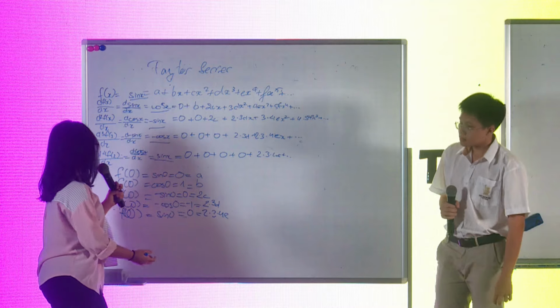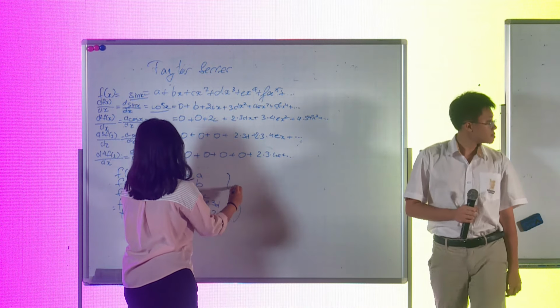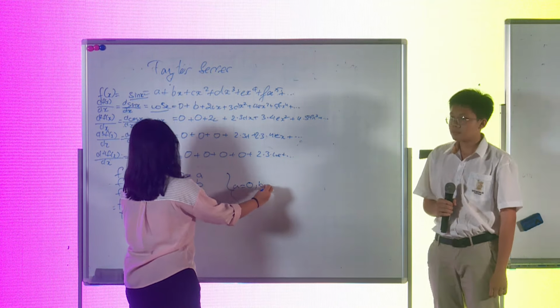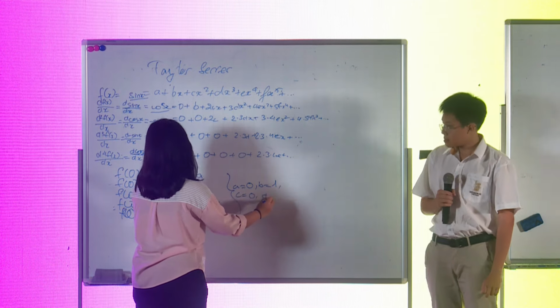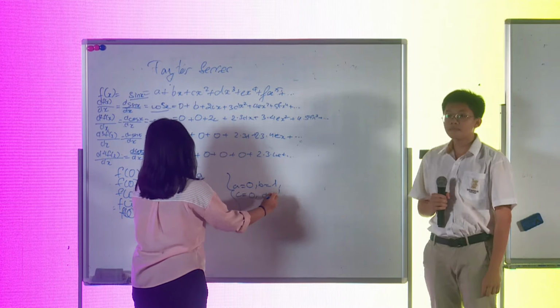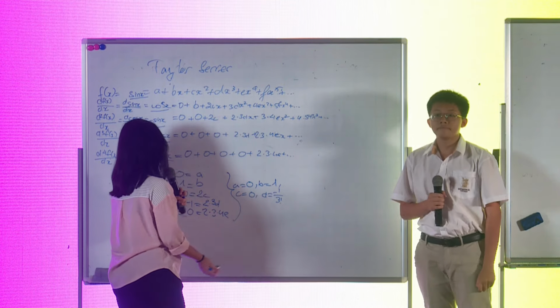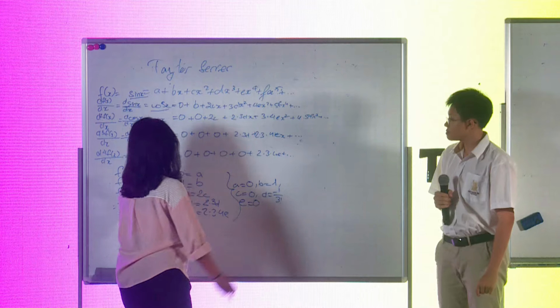So from this, we can conclude that a will be equal to 0, b will be equal to 1, c will be equal to 0, d will be equal to minus 1 over 3 factorial, which is 2 times 3, and e will be equal to 0.